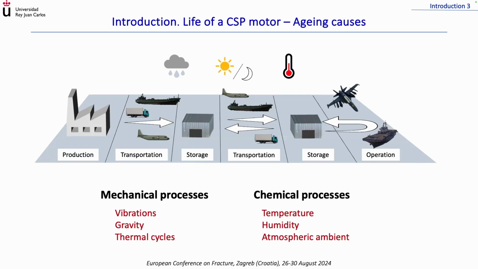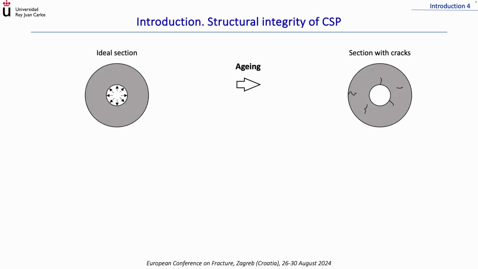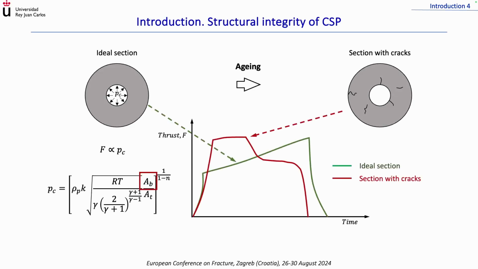These processes are the causes of aging of the propellant, and aging means the appearance of cracks in the propellant. These cracks increase the burning area during the combustion process in operation and modify the thrust profile, shown in red for the section with cracks. And this can lead to a failure or even to an accident.